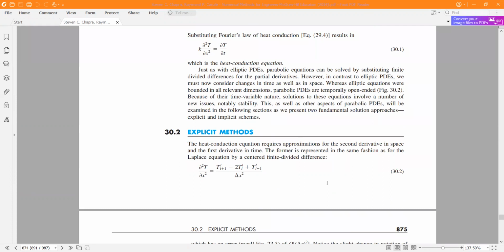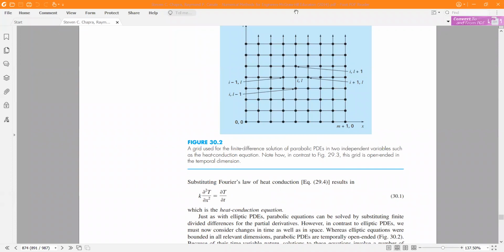And you see that all these algorithms are of explicit type. That means we will be calculating the new value with all the old values known to us.